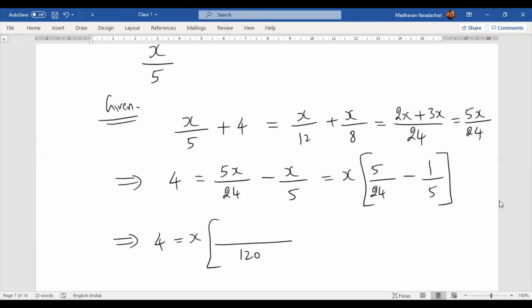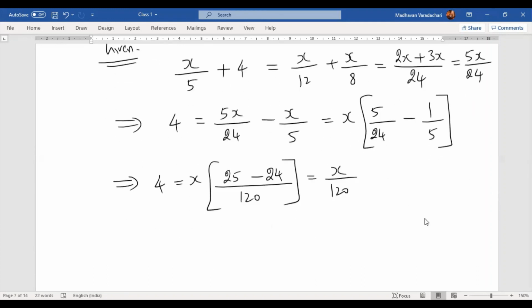So here, 24 into 5 gives 120, and 5 fives are 25. Here, 24 times 5 gives 120. So I will simply write 1 here, which means it is x by 120 simply. So x is 480. So the desired number is 480. That should be the solution for this.